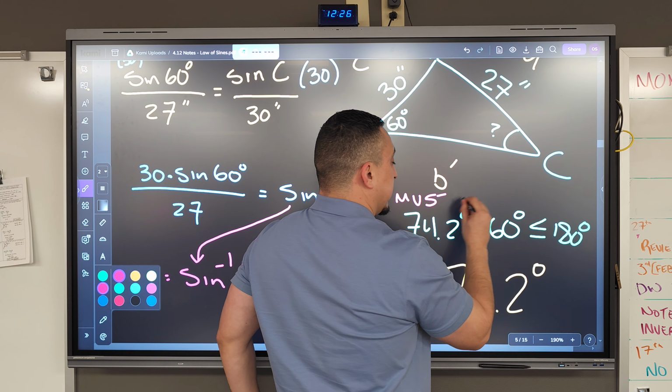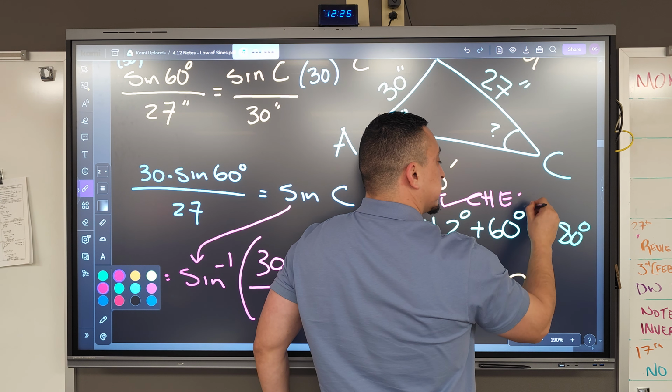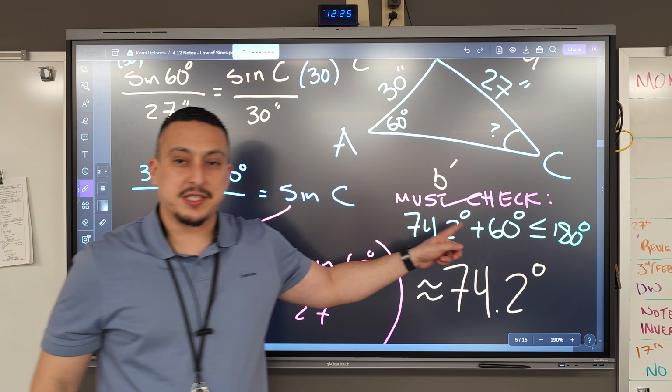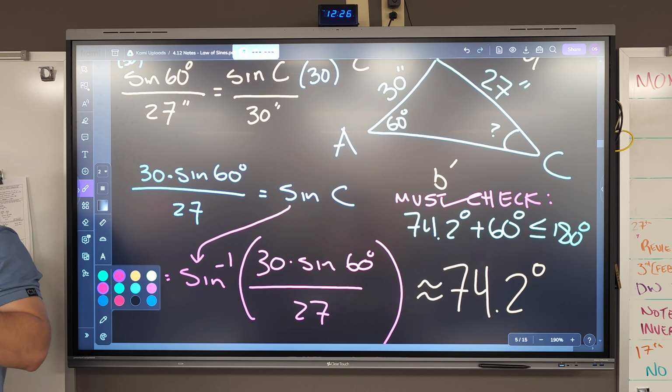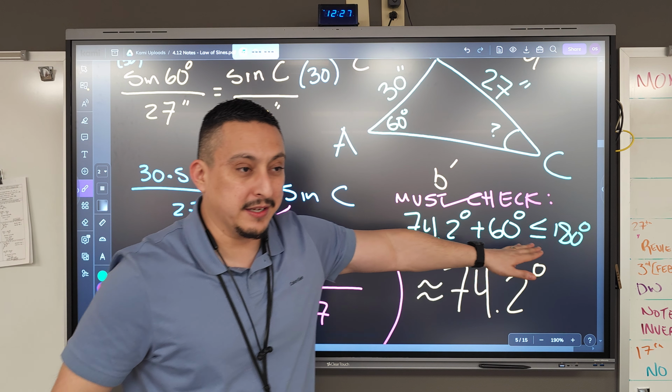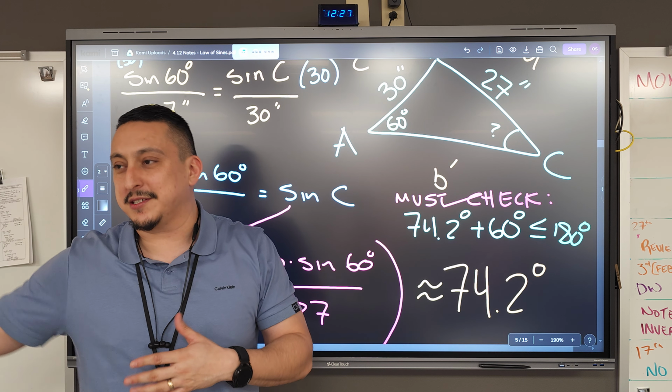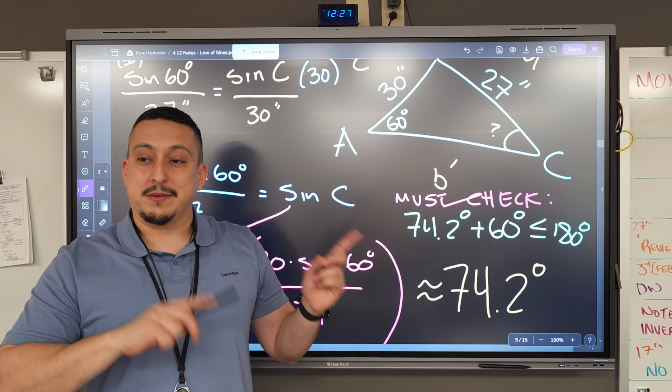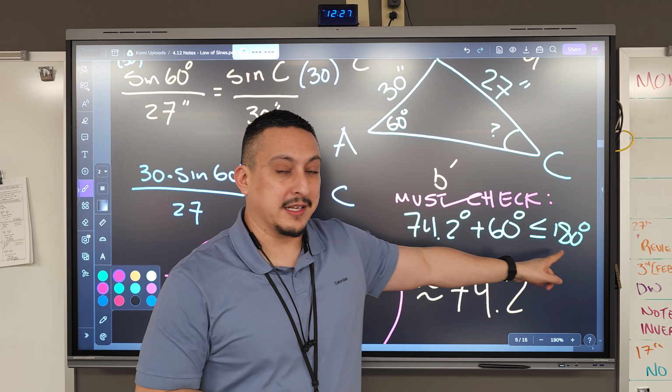Okay, you must check. You must check that that's true, because they could give you an angle, instead of the 45, they could give you the 135, and that's not possible. It's not possible that two angles would be bigger than 180, because then you don't have a third angle. So when you're missing an angle, make sure they add up to less than 180.